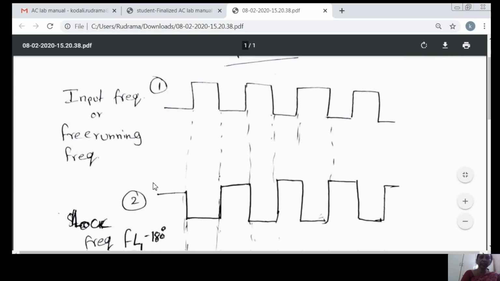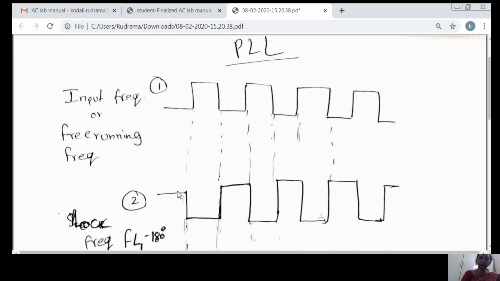Now you have to change the input frequency of the signal to give a completely 180 degrees phase shift. The maximum error in the phases is 180 degrees. And this is called the lock frequency starting, that is FL1.